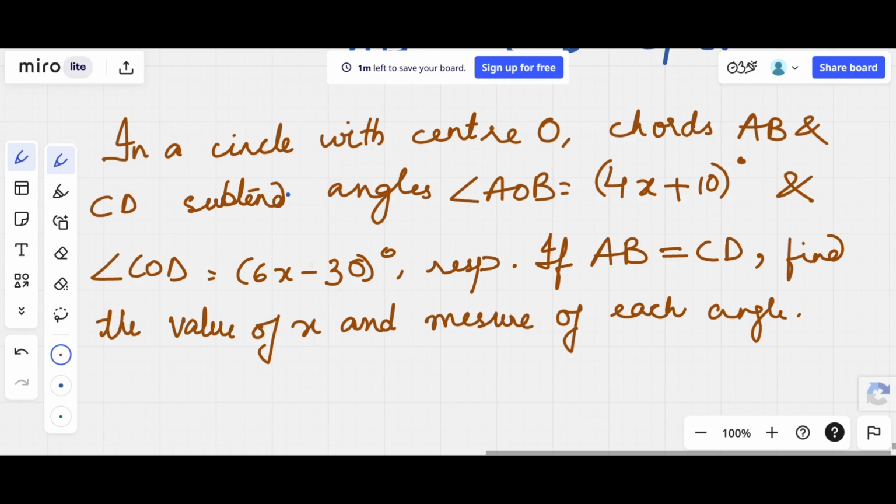You are supposed to find the value of x and then the measure of each of them. You will have to use a theorem. Which theorem you are going to use, you have to clearly mention. I will do it, but first you all do nicely. Let us see.